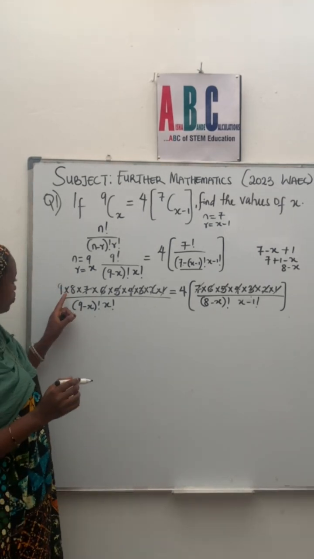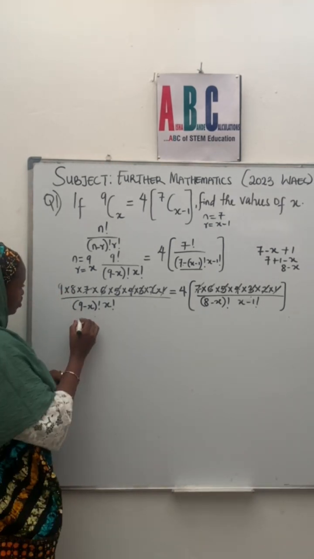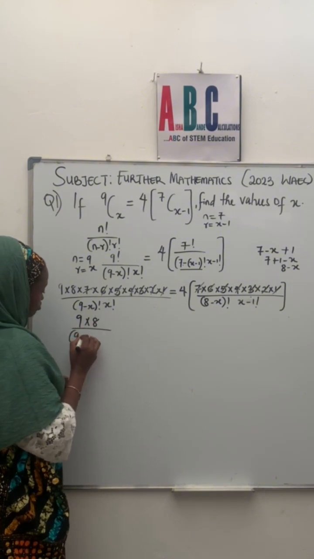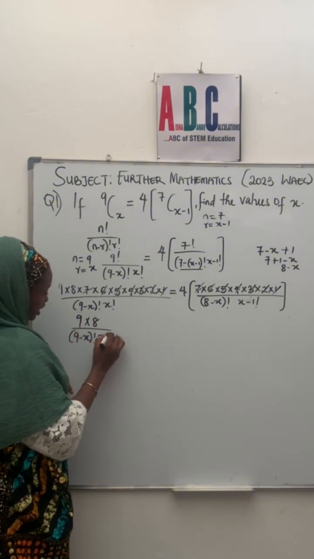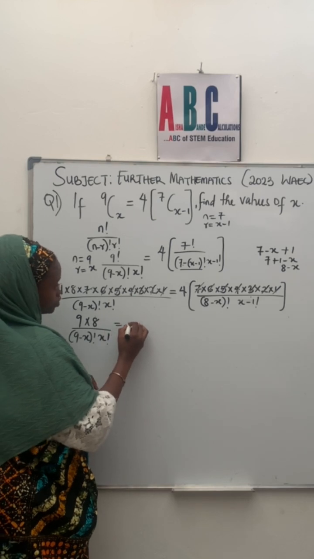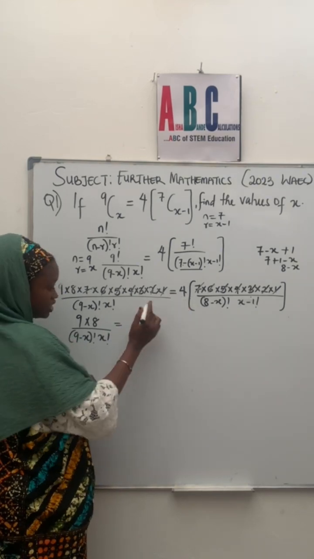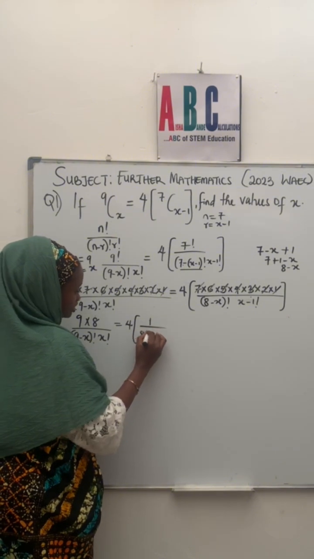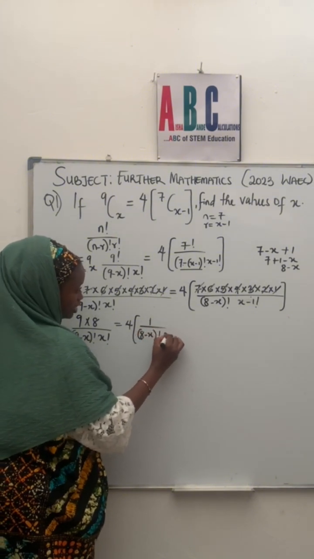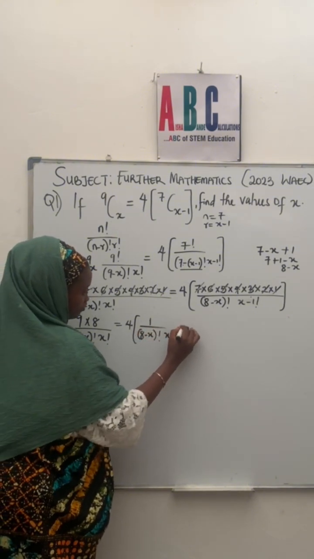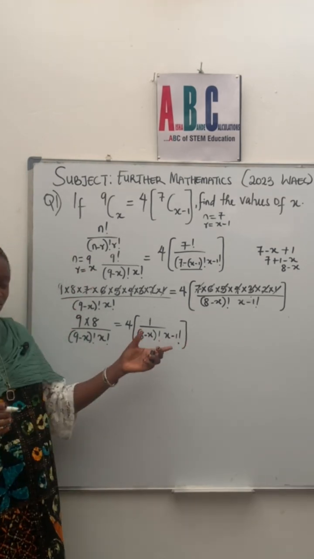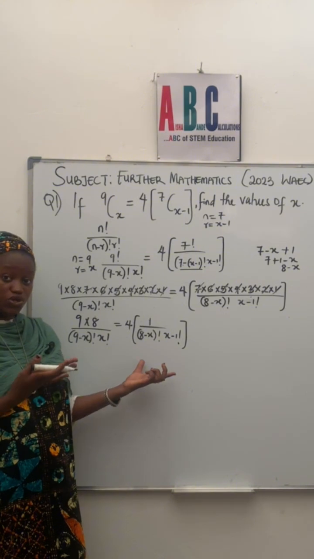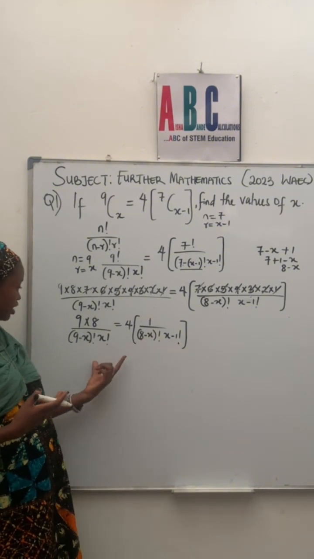Okay, so what we are left with at the left hand side is 9 multiplied by 8 all over 9 minus x factorial, equal to, what we have left here is 4 open bracket 1 over 8 minus x factorial x minus 1 factorial. Okay, I hope we are understanding and we are on the same page. So let's continue from here.